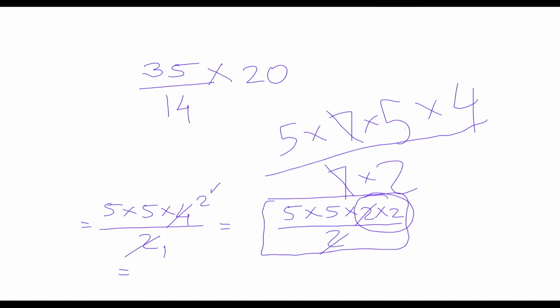Is this the last question? This comes to 5 times 5 times 2. What is the answer? 50. Okay. So here you'll have to write it as 50. I am done. Okay. So this is the way you have to do.